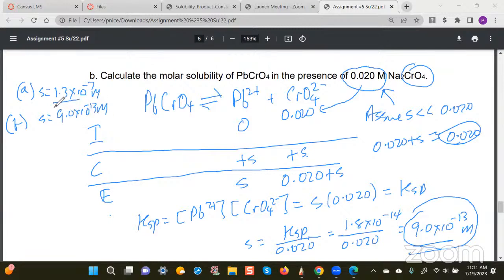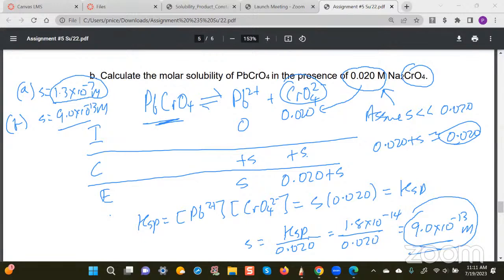So obviously the presence of the common ion reduces the solubility of the lead 2 chromate from 1.3 times 10 to the minus 7 to 9.0 times 10 to the minus 13. So what's the name given to that effect? Common ion effect. The common ion effect, exactly. The common ion, which in this case is a chromate ion, basically suppresses the dissociation of the lead 2 chromate. So therefore, the solubility of the lead 2 chromate is lowered or decreases in the presence of a common ion.